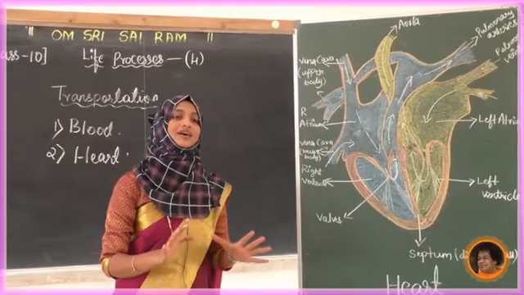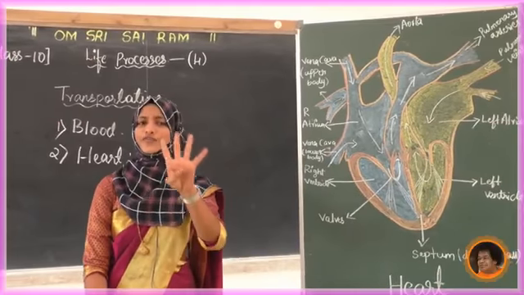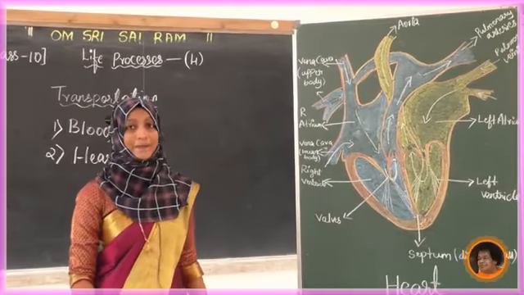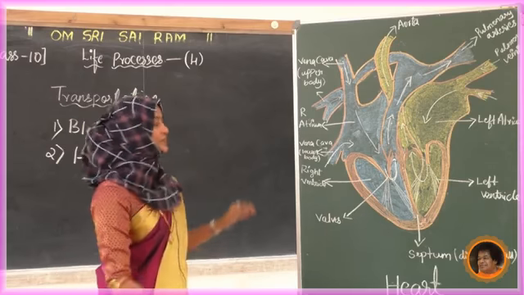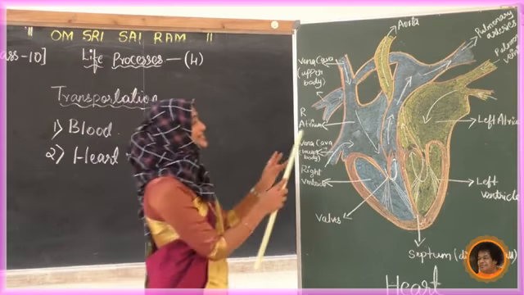Actually, in the heart we can see 4 main parts: the right atrium and right ventricle on the right side, and the left atrium and left ventricle.